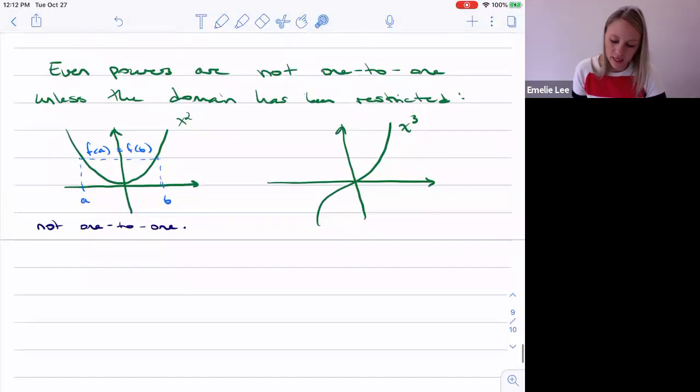What I mean by unless the domain has been restricted is, unless it says something like, we'll only consider values between 0 and infinity. Well, all of a sudden you're blocking out this whole section and it's one-to-one, because there's only one instance of each output. Whereas here, with x to the power of 3, there are no two values of x that give you the same output value. So it is one-to-one.